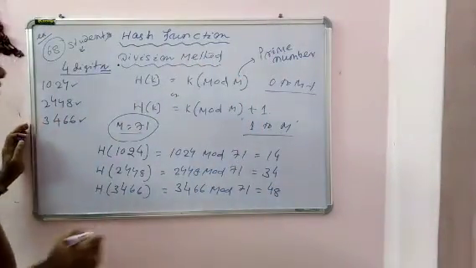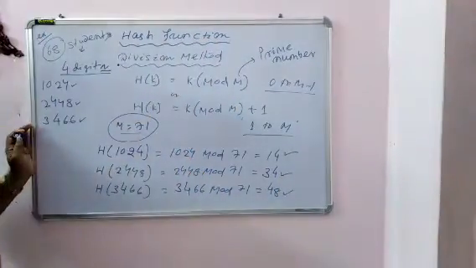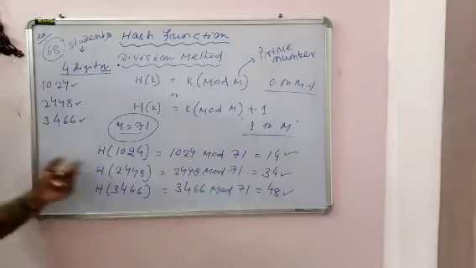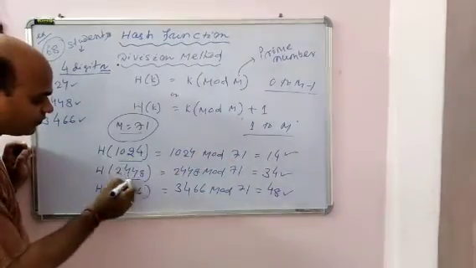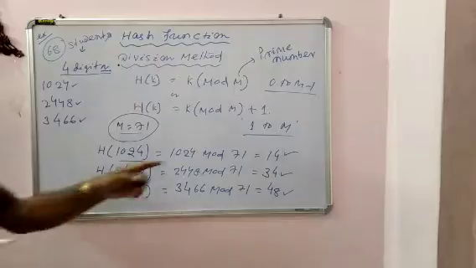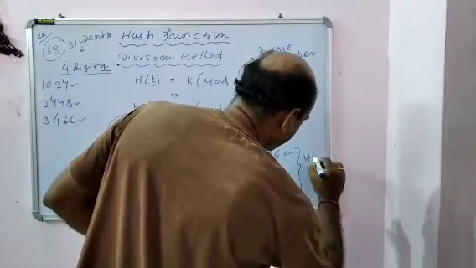So this is the address of the memory location, found by taking the key value and using the hash function. Here 14, 34, and 48 are the hash addresses.